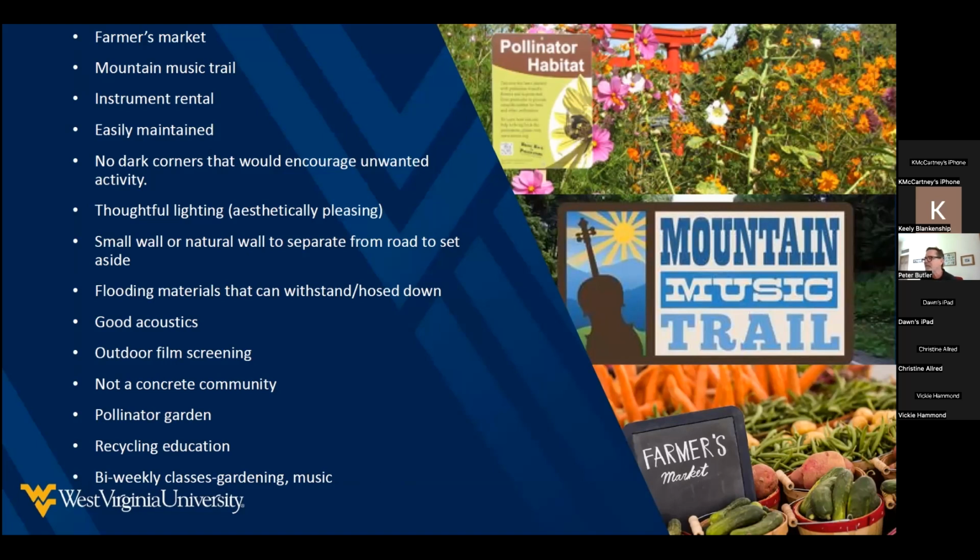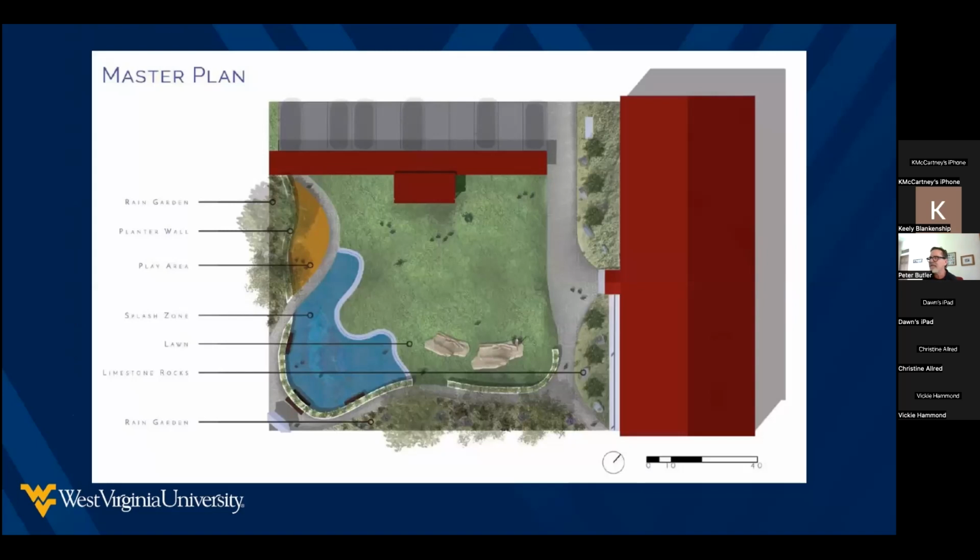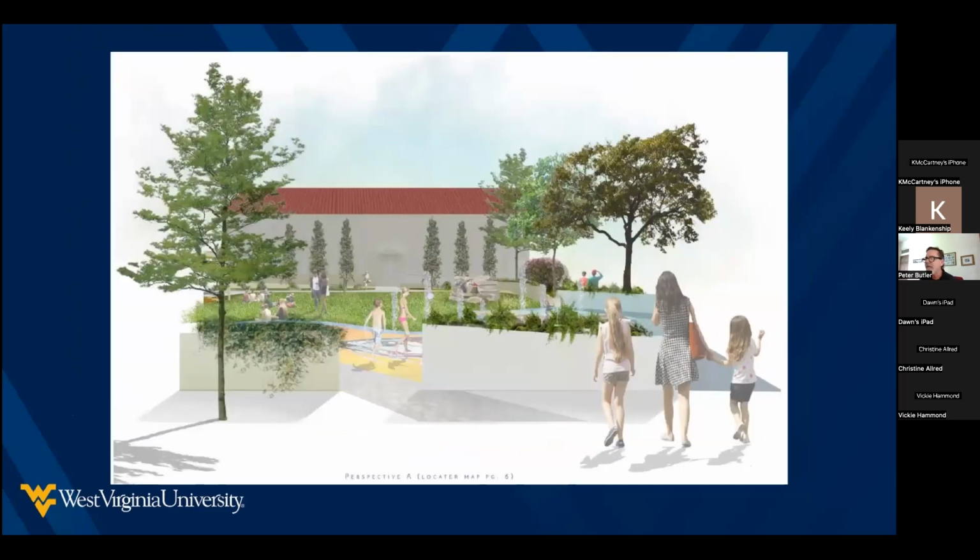And then students created designs. The horizontal red line on the top is a shelter for a farmer's market. And then the smaller rectangle is the stage area. So again, these planning documents, these drawings can be sent out to funders to support implementation of the projects.